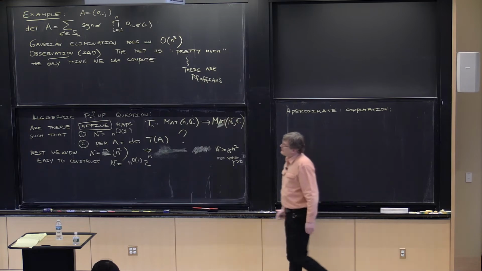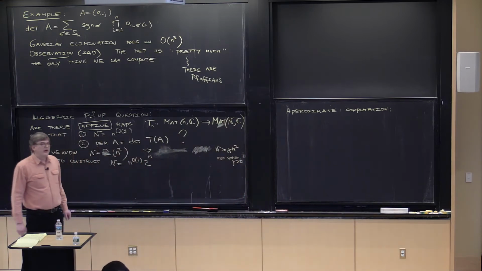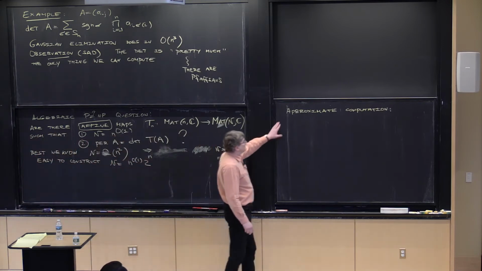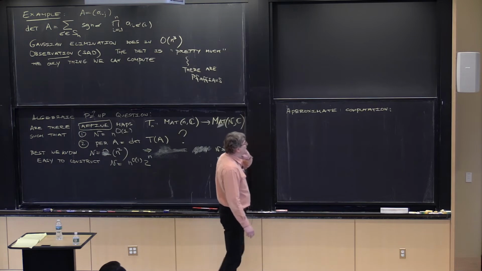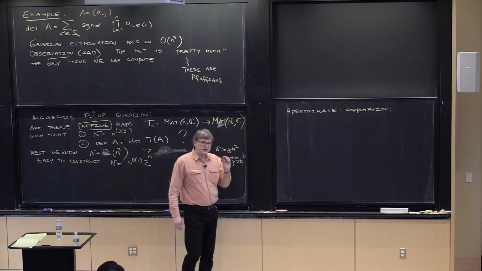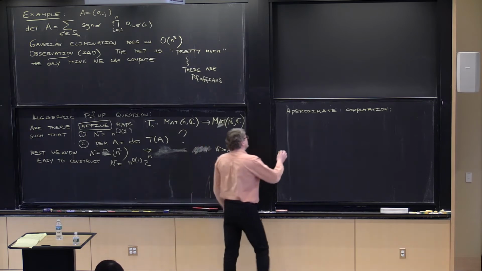And with approximate computation, the situation is much more nuanced. So, and it's impossible to cover, like in 3 lectures, what we know, what we don't know. So what I'd like to talk about is just one particular side of it.